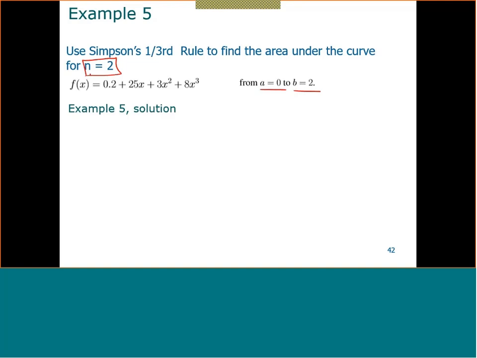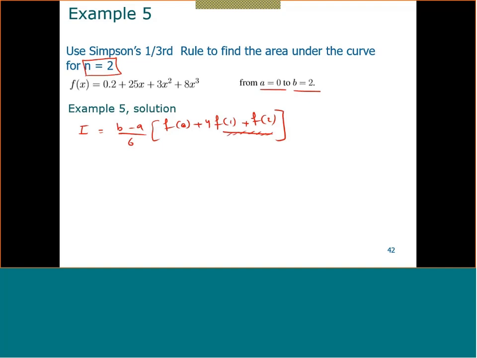Now here for my integration, I is equal to (b minus a) over 6 times f of 0 plus 4 f of 1 plus f of 2. We already have the 6 there, so there's no need for that.